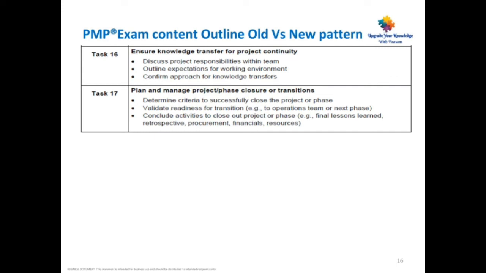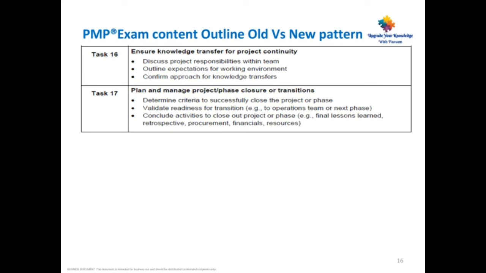Task number 16, ensure knowledge transfer for project continuity: discuss project responsibilities within team, outline expectations for working environment, confirm approach for knowledge transfers. Task number 17, plan and manage project phase closure or transitions: determine criteria to successfully close the project or phase, validate readiness for transition, conclude activities to close out project or phase.